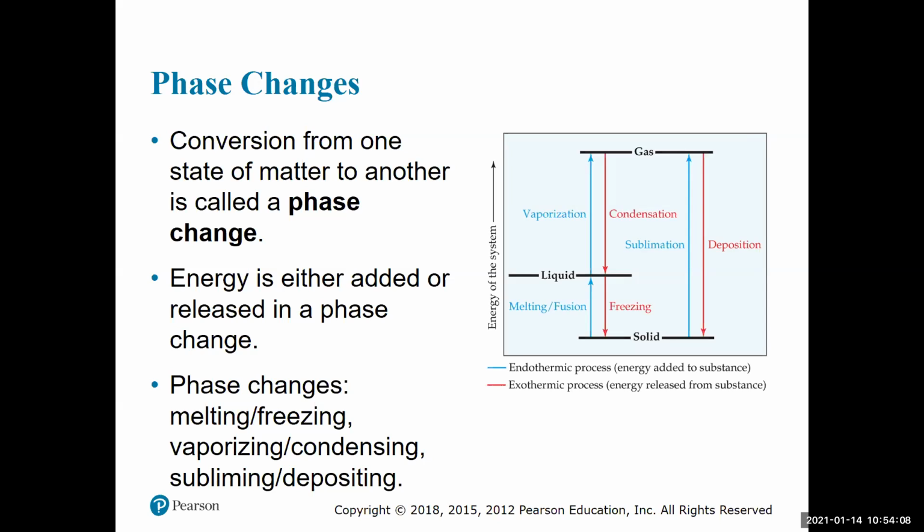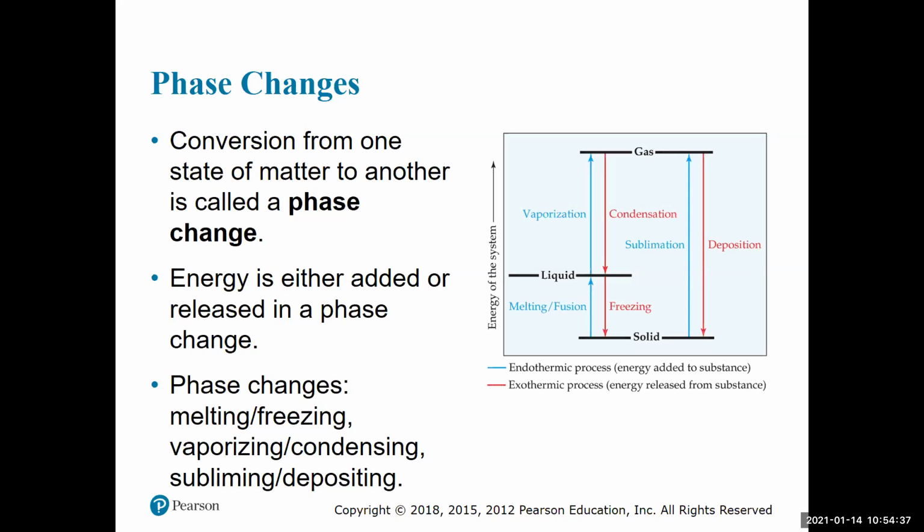Coming back the other way, we have some that are exothermic. So if we go from a gas down to a liquid, so it's a condensation type of situation, then that's going to be exothermic. Heat's going to be given off. Same if we go from liquid to freezing. So we have something liquid, we want to freeze it, we need to be pulling energy out. It's an exothermic process.